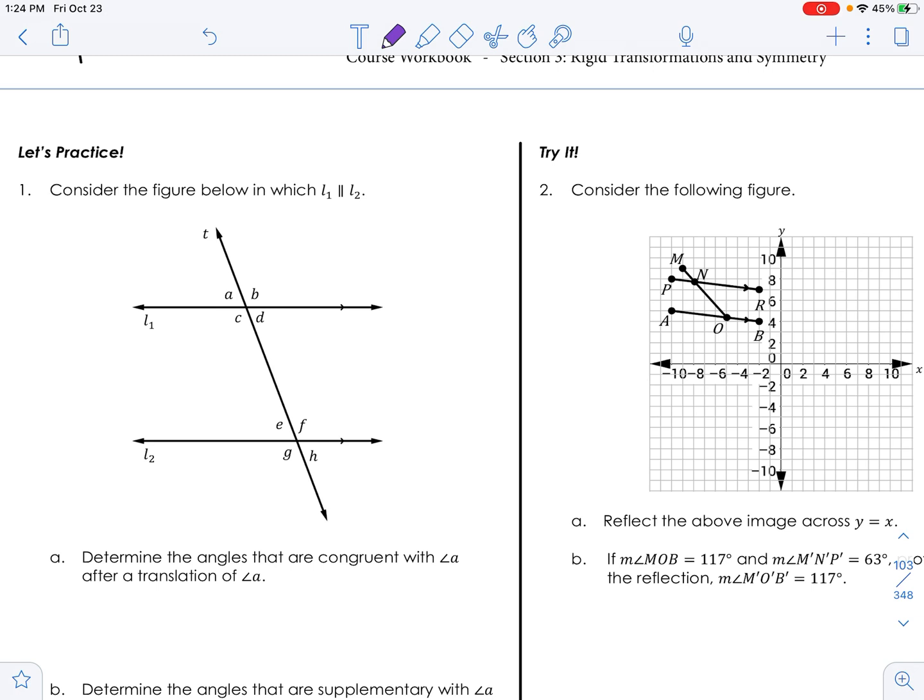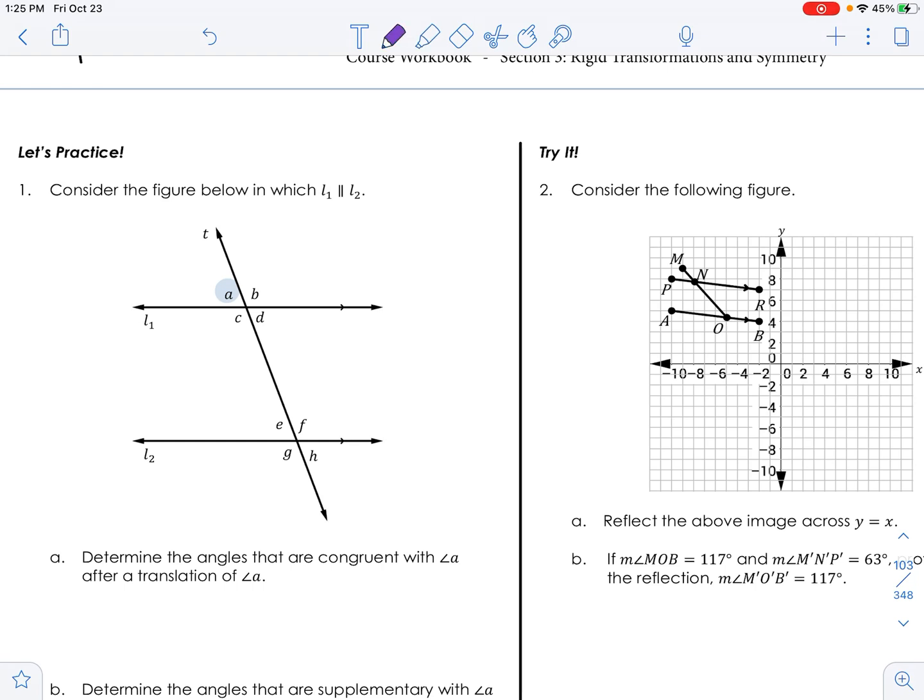So I've got the figure below, which will have L1 parallel to L2. Determine the angles that are congruent with angle A. So I'm looking at angle A. Which other angles are congruent with angle A after a translation of A? Okay, so what would be congruent with A?